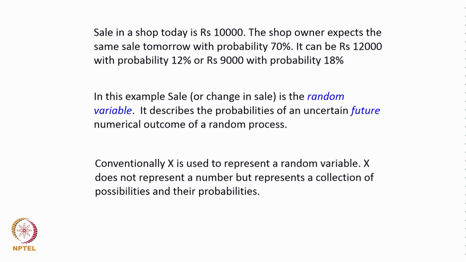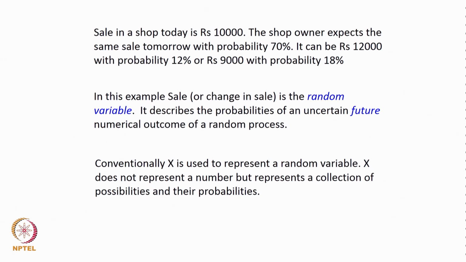So in this example, the sale or change in sale, as the case may be, is the random variable. So here is a variable which can take multiple values with defined probabilities, so it becomes a random variable. So it describes the probability of an uncertain future numerical outcome of a random process.